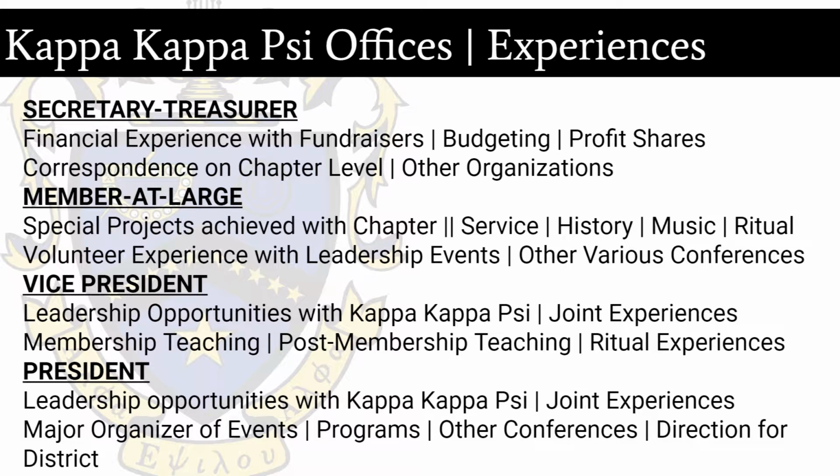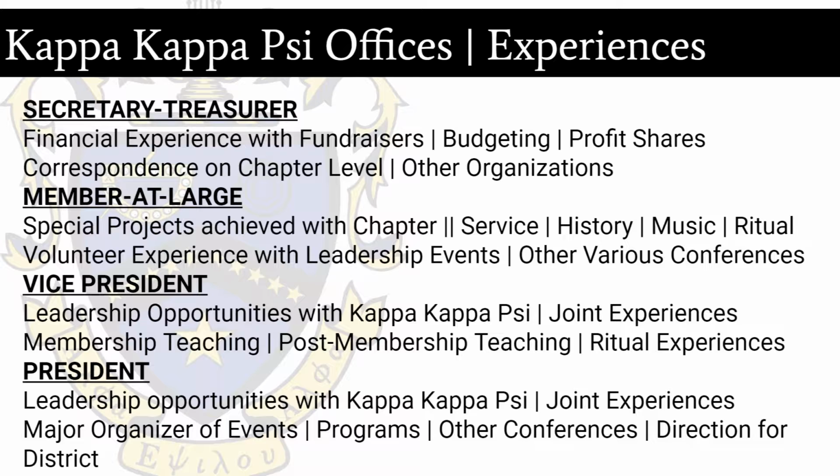Okay, for this next slide, this is just talking about some experiences that I've seen that have worked really well for the office that you want to run for. The first one is about Kappa Kappa Psi for the Secretary Treasurer. This goes over like financial experience with fundraisers, budgeting, profit shares, doing large-scale correspondence on a chapter level, or doing it with other organizations, because these skills are pretty important to work as a Secretary Treasurer.